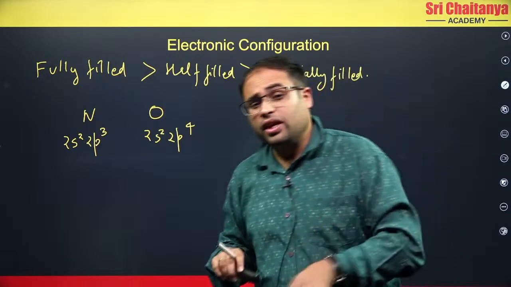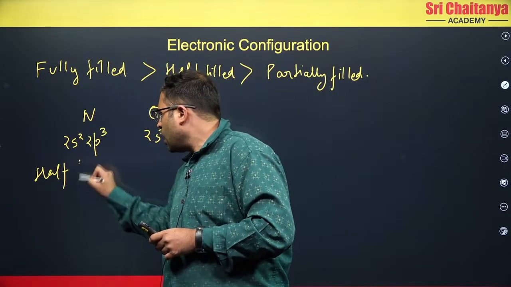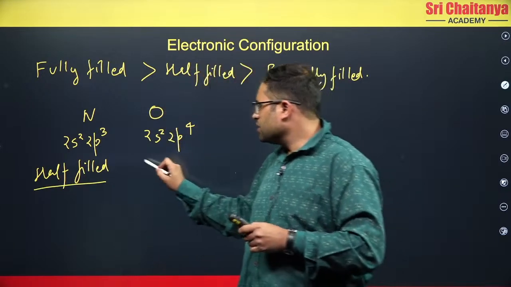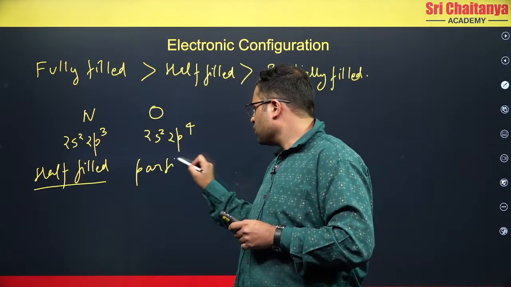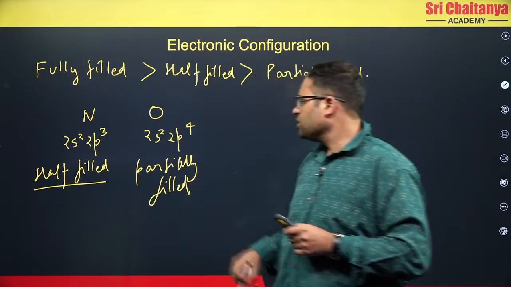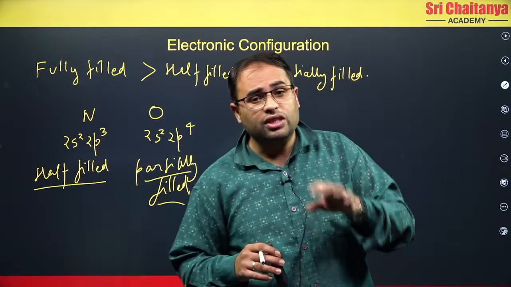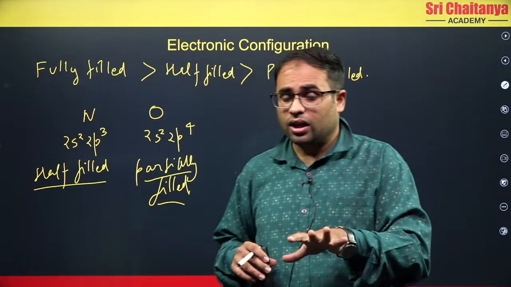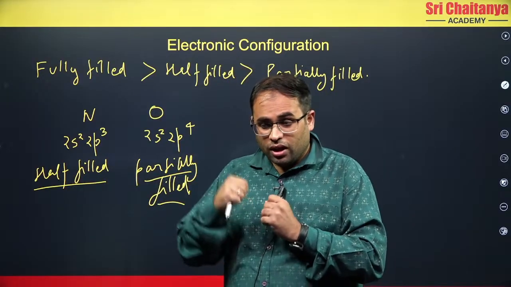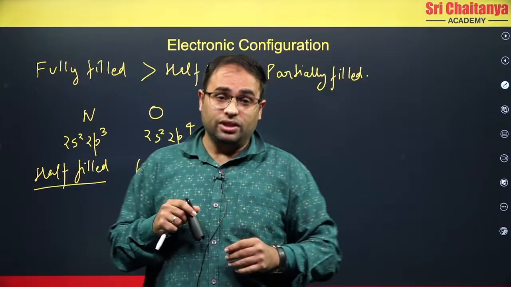Now understand this very carefully, that this is a half filled configuration, right? And this is a partially filled configuration, right? Because half filled configuration is much more stable, and for something which is stable, you require more energy to disturb that stability, right?